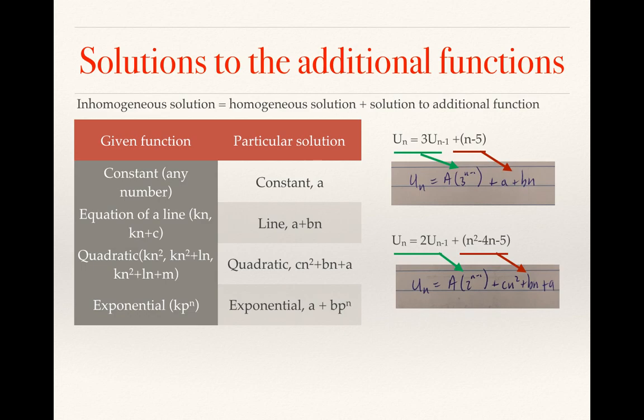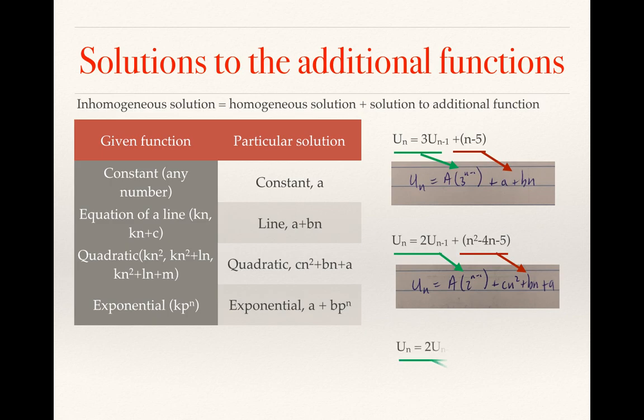So the green part, the homogeneous part, the general solution there is a, and then 2 to the power of n minus 1. And then the thing after it will be the solution for the extra function at the end of the text that is printed or typed in a Keynote here on the computer.